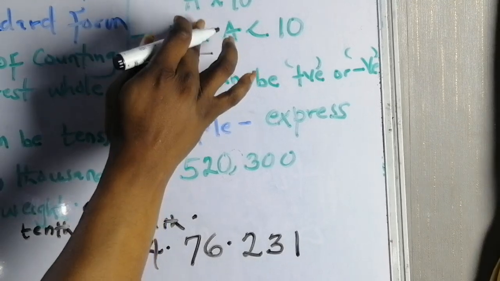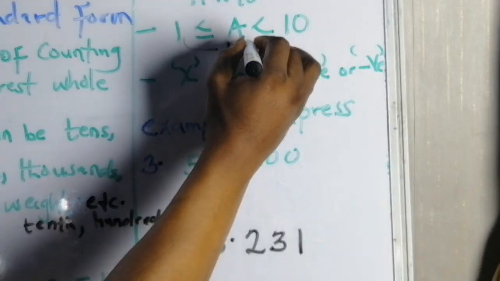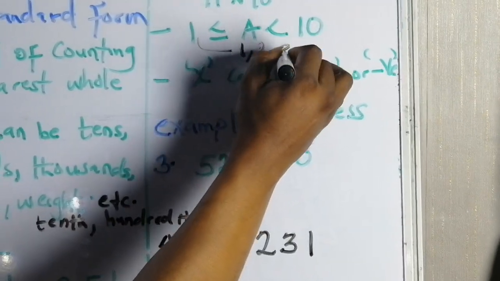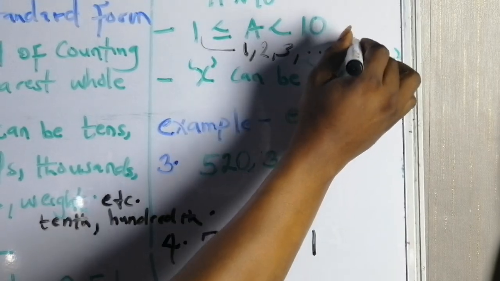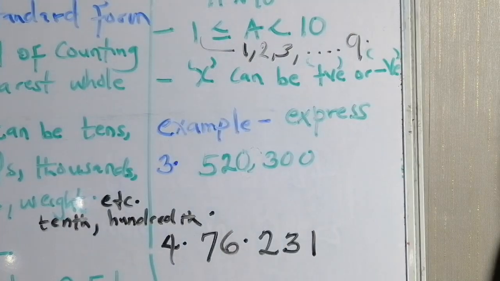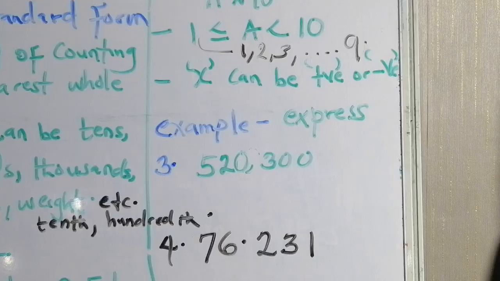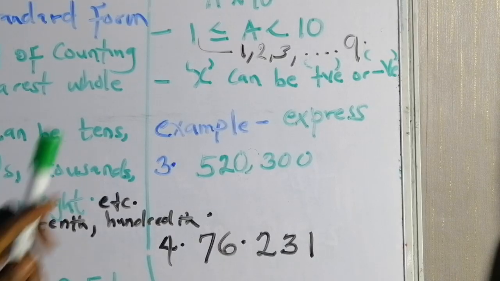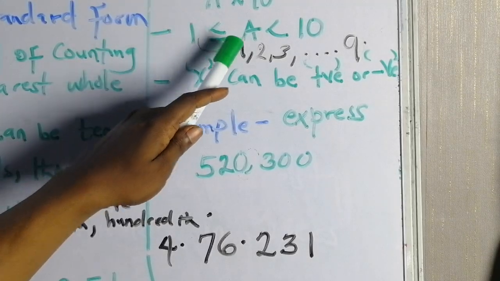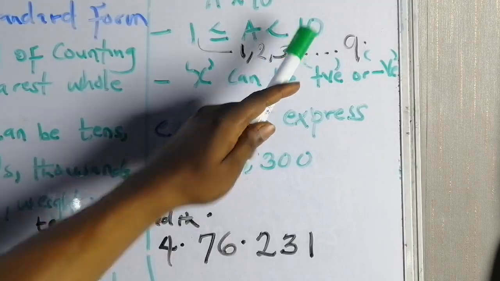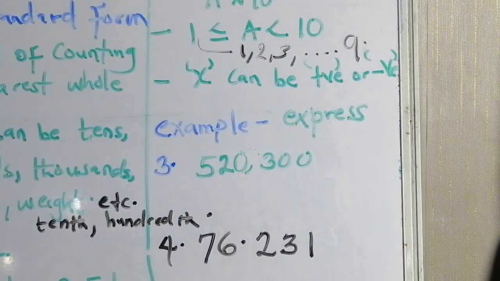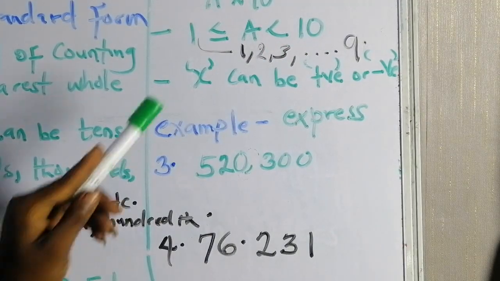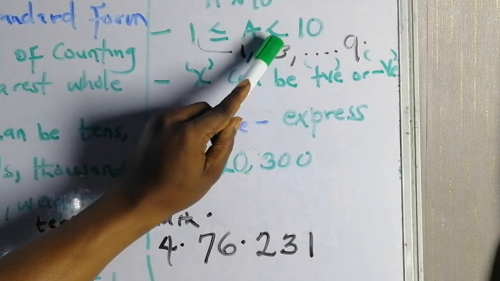This is the symbol for less than or equal to. a can be 1, 2, 3, up to 9. That is the meaning of that inequality sign. 1 is less than or equal to a, and a is less than 10. So it's not equal to 10, because here there is an equal sign, and here there's no equal sign.